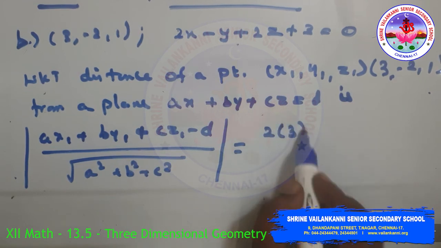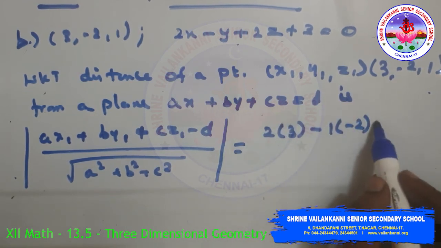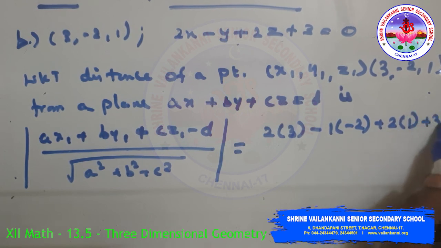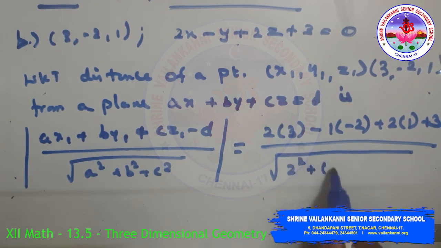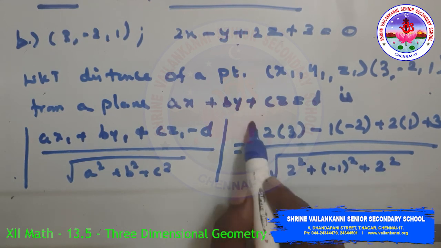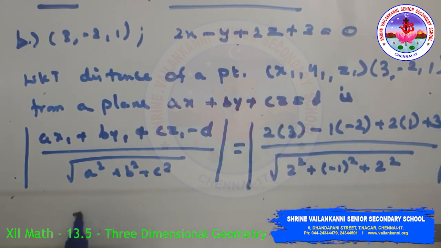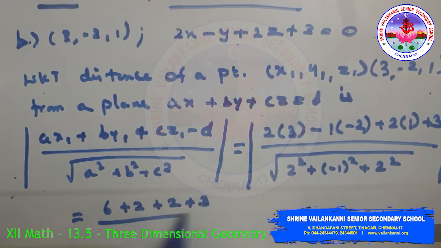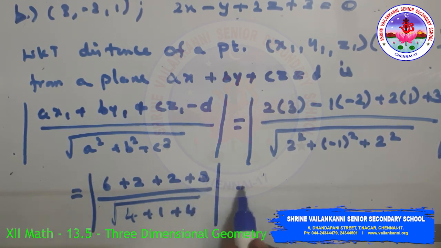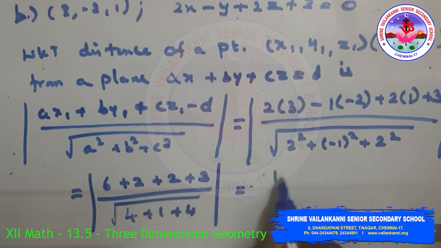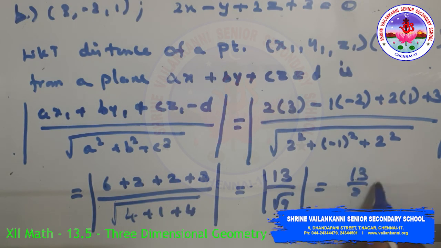So 2 into 3 minus 1 into minus 2 plus 2 into 1 plus 3, divided by root of 2 square plus minus 1 whole square plus 2 square, which is 6 plus 2 plus 2 plus 3 divided by root of 4 plus 1 plus 4, which is equal to 13 by root 9, which is 13 by 3 units.